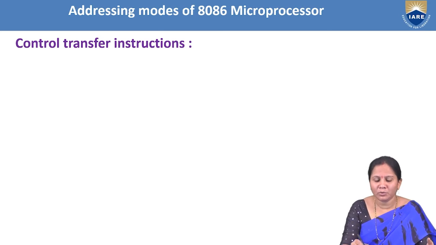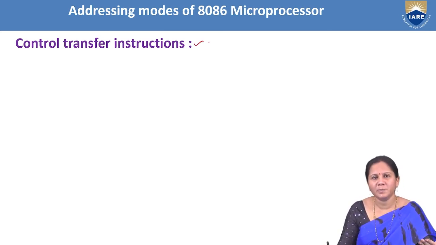Now coming to control transfer instructions. Control transfer instructions mean the control will be transferred to some predefined address or the address specified in the program. Here the instructions will not be executed in sequential order.